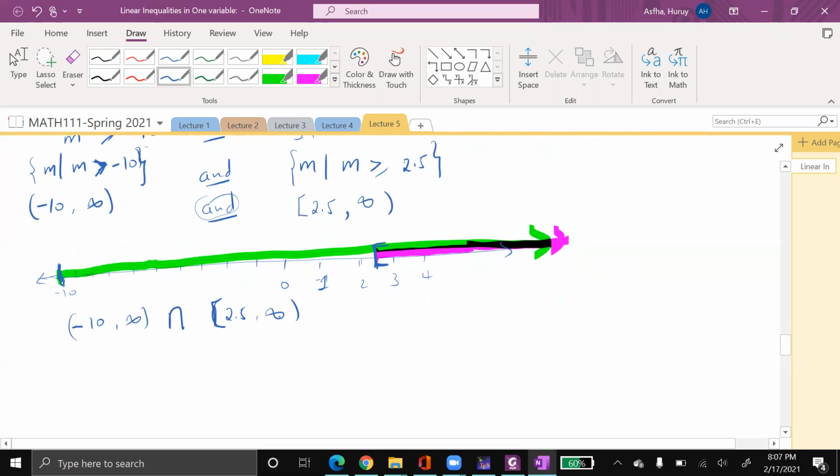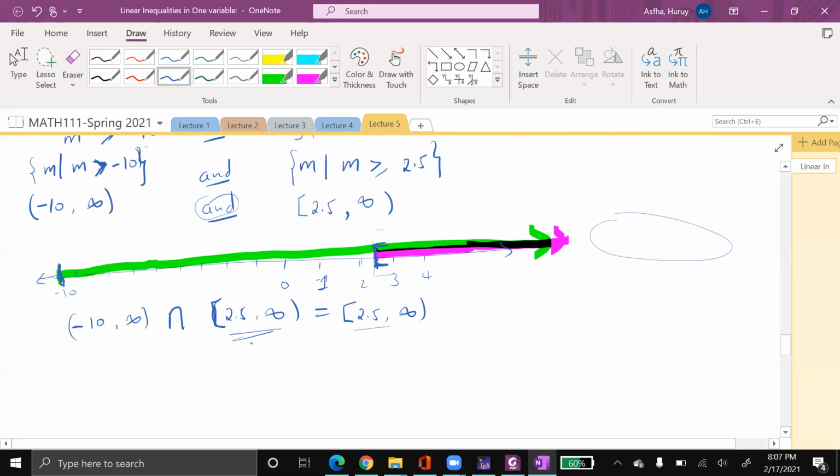Now what is the intersection of this one? Just look at the colors now. The green one starts from -10 and goes all the way to +infinity, and the other one starts at 2.5 and goes all the way to +infinity. So we don't see the numbers in here, but they both go to +infinity. So they overlap, starting from here they go together. Therefore, this is the same as 2.5 to +infinity, just this interval.